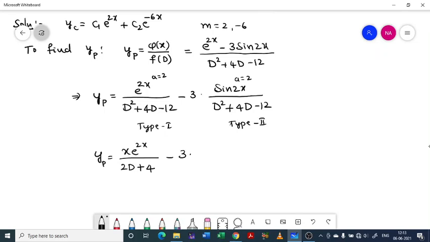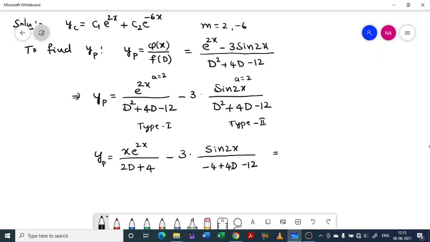You have to replace D square by minus a square. a is 2, so minus a square means minus 4. So if you replace in the second term, no change in the numerator, sin 2x divided by D square minus 4 plus 4D minus 12.